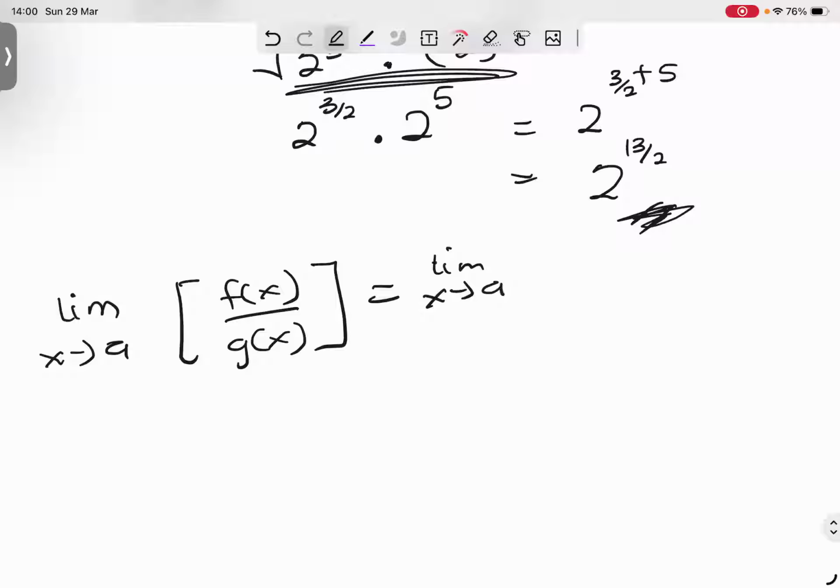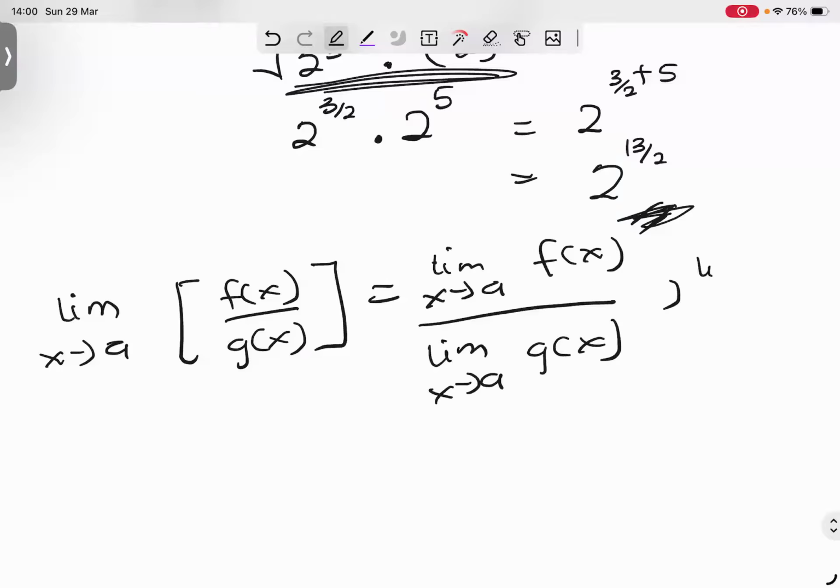So we have limit as x approaches a of f of x divided by limit as x approaches a of g of x, provided limit as x approaches a of g of x is not equal to 0. Because if the numerator is non-zero and the denominator is equal to 0, remember under rational functions, then this is going to be undefined. In such a case, we say that the limit does not exist.